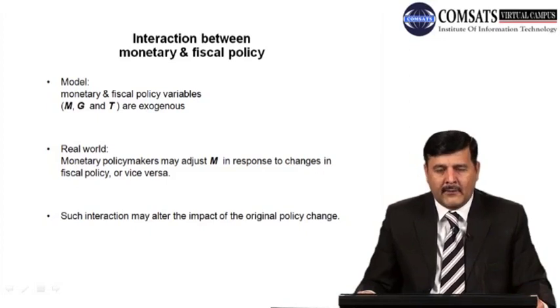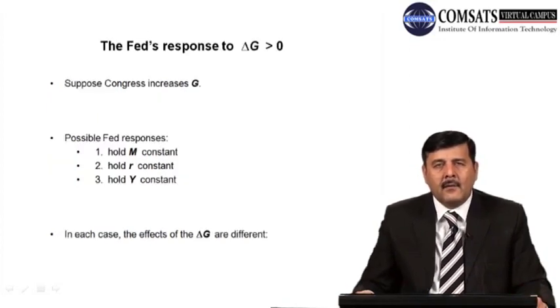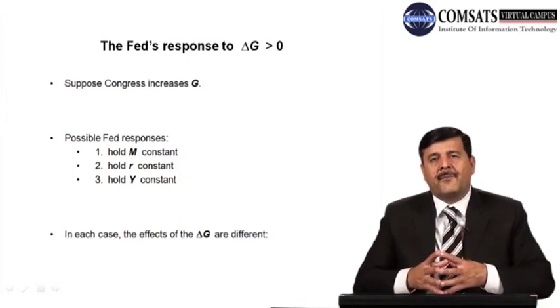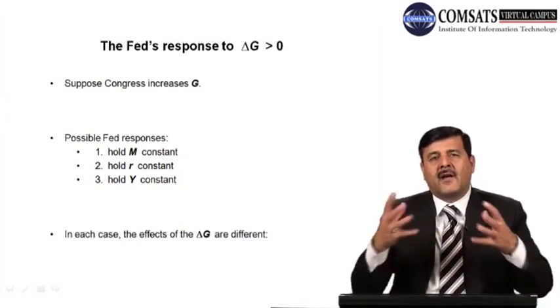that interaction works. Now if the Federal Bank of America or the Federal Central Bank responds to a change in government expenditure, okay, if first there is a change in fiscal policy, government expenditure में इजाफा हो गया.